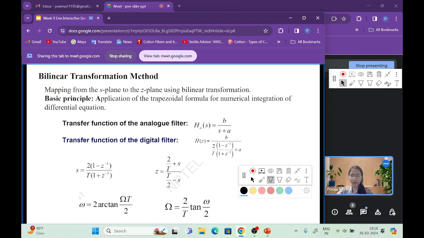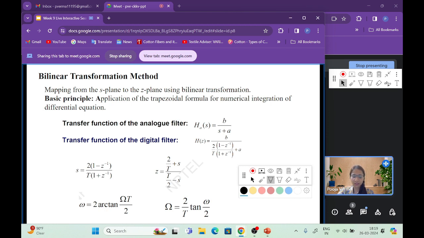Another method of mapping from S domain to Z domain is the bilinear transformation. The basic principle of the bilinear transform is based on the trapezoidal formula for numerical integration. Any transfer function in the analog domain is given as Ha(s) = b / (s + a).